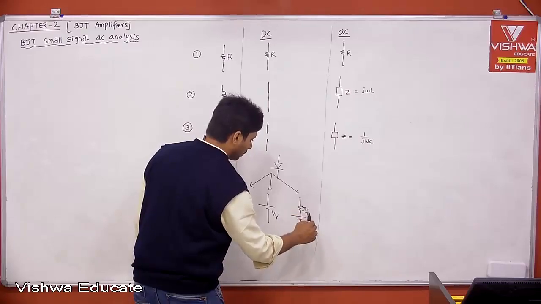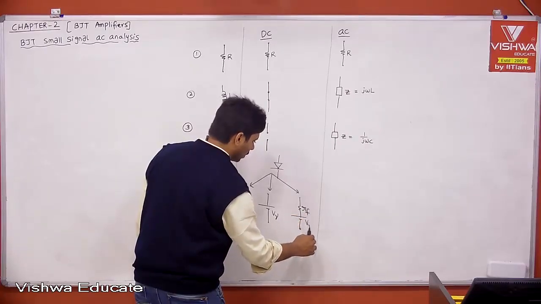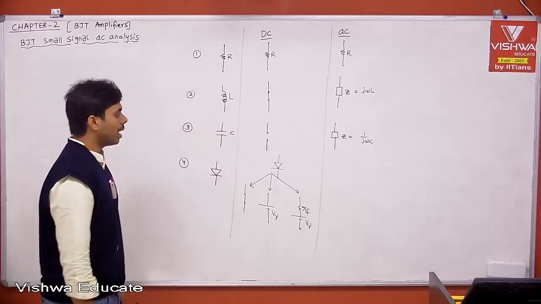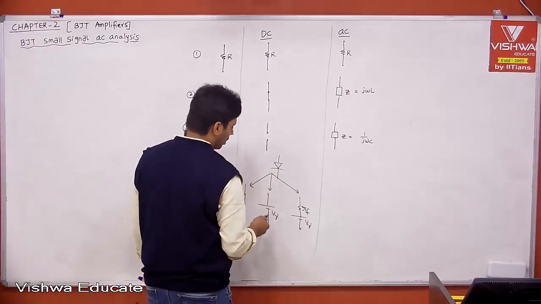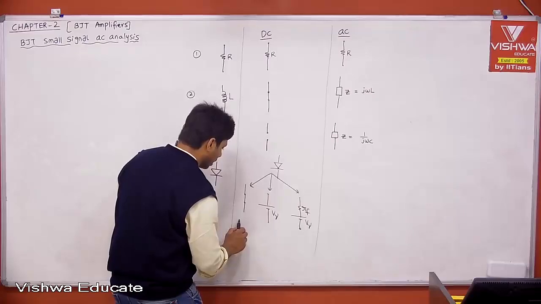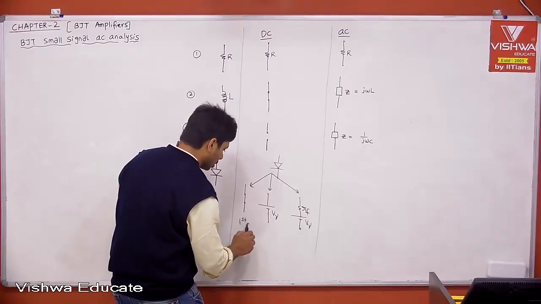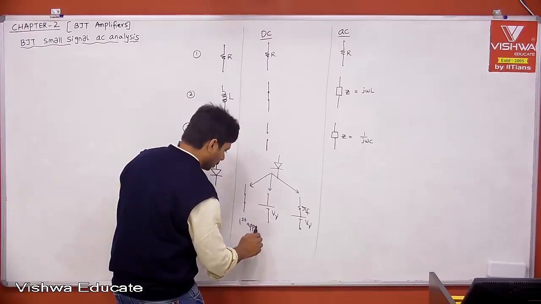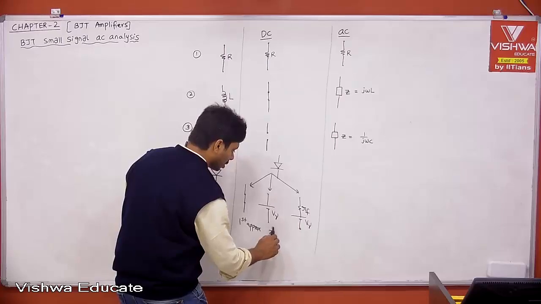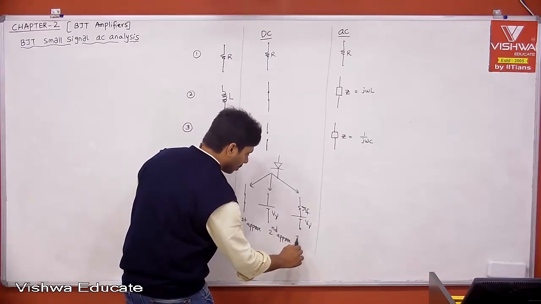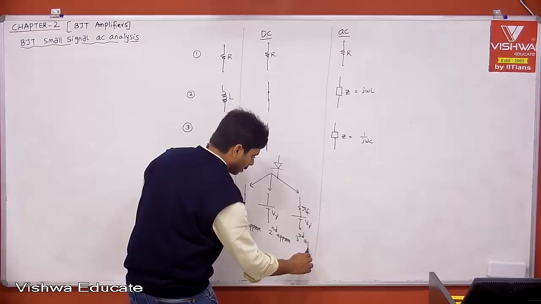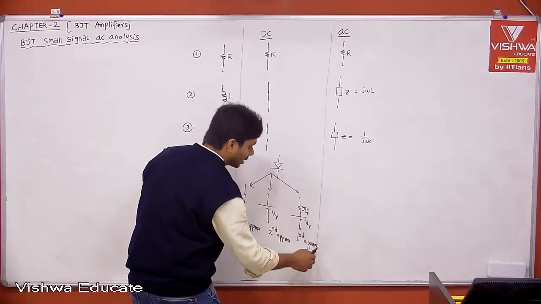This is your RF, and this is your V gamma. Therefore, this is the first approximation or ideal model, this is the second approximation, and this is the third approximation. Maybe if you continue, you'll get the exact model.